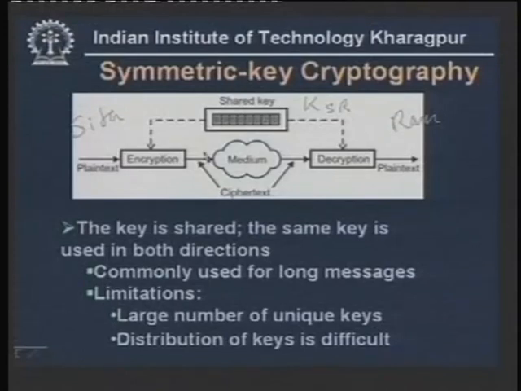After doing the encryption by using this key K_SR, the message is transmitted through the medium in the form of cipher text, and as it reaches the other end, the same key is used for decryption to generate the plain text by Ram.